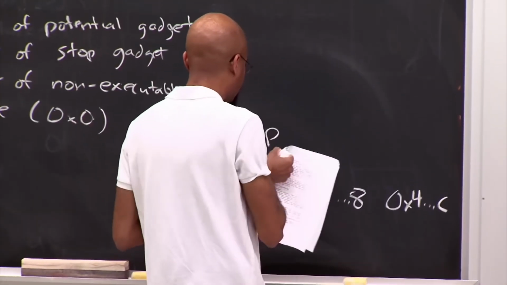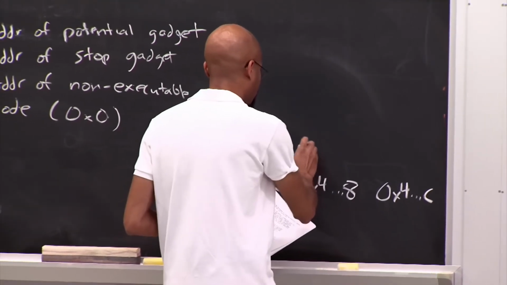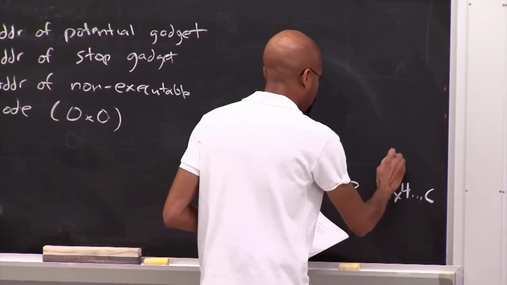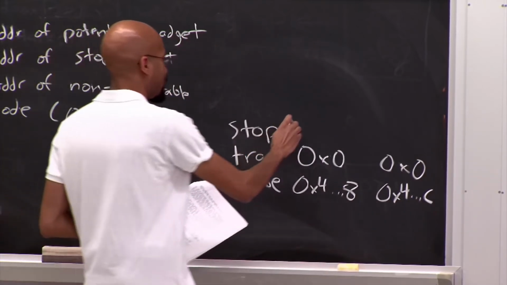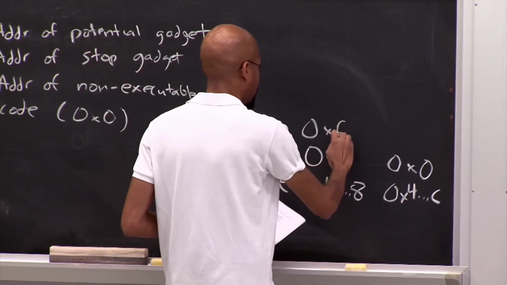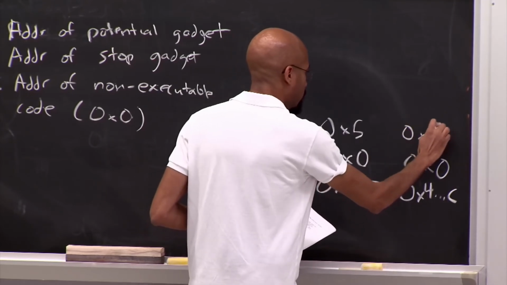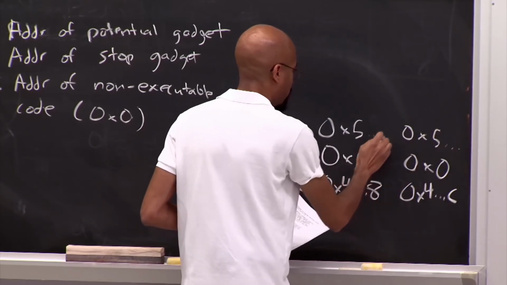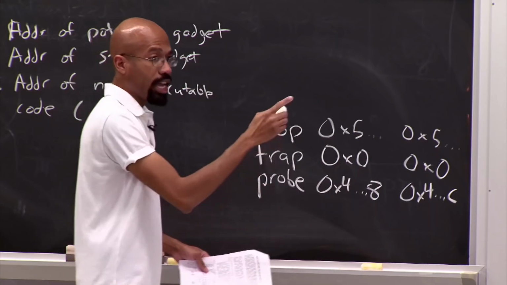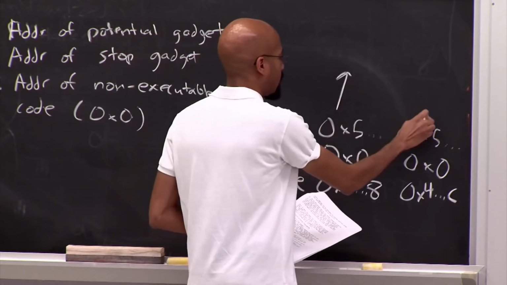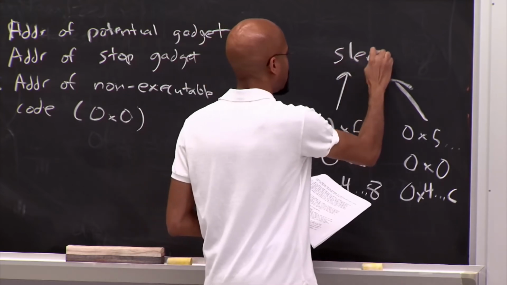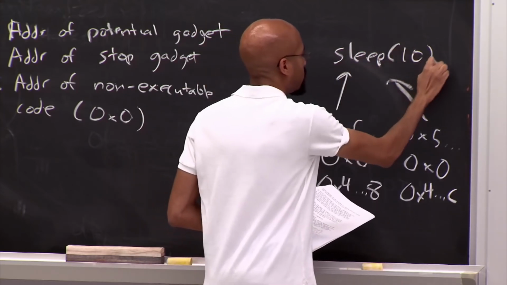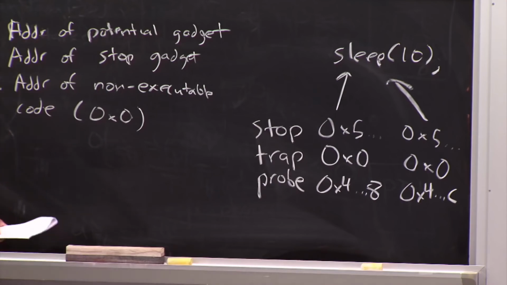And then let's say that the trap up here, like I said, is just going to be address 0. And then let's assume that we found some pre-existing stop gadget at some address that starts with 5, doesn't really matter. And remember that the stop gadget, maybe this address points to code that does something like sleep 10, right?